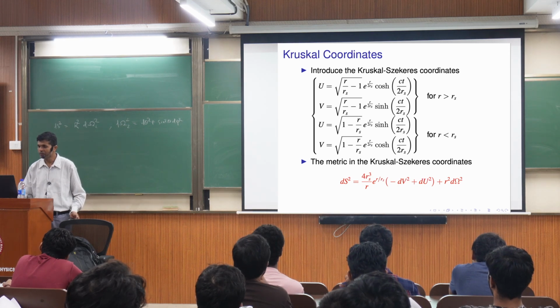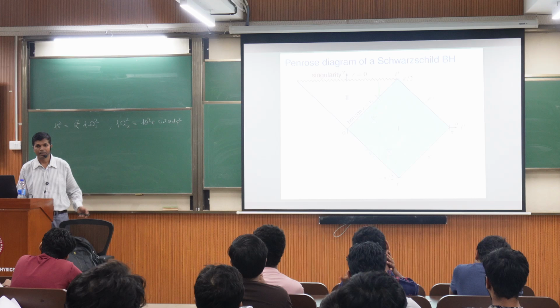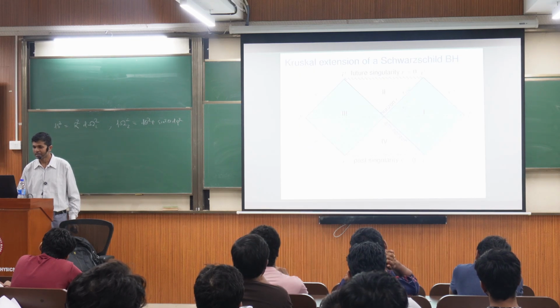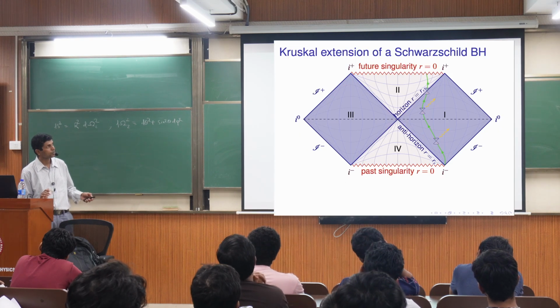That will give you 2 copies of this. This is the Kruskal extension of Schwarzschild spacetime.